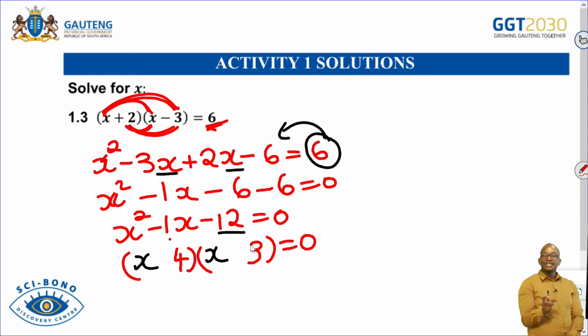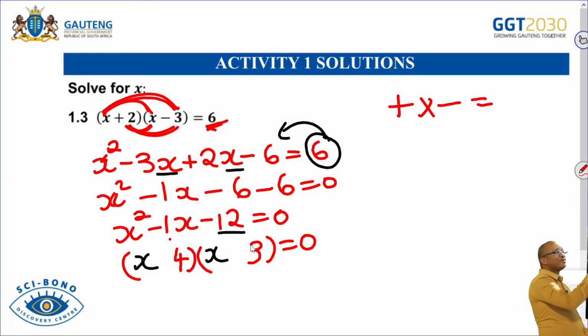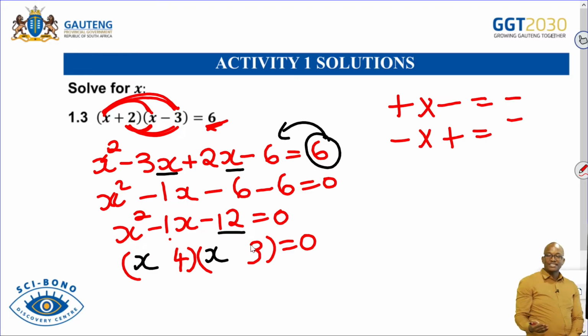It means the signs inside the brackets, I have to multiply them. And if you multiply two signs and you get negative, it's when you have positive multiplied by negative, or negative multiplied by positive. Then the outcome of those two signs, when you multiply them, will give you negative.